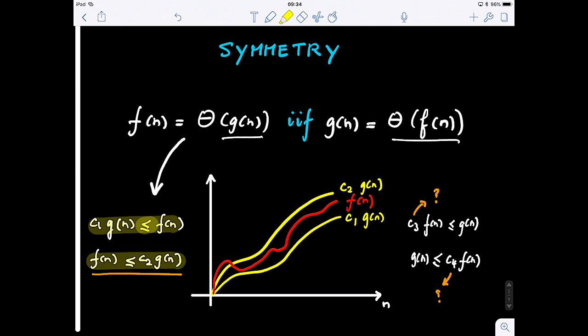On the other hand, we need to find other constants such that C3 times f of n is lower or equal to g of n, and g of n is lower or equal to C4 times f of n. Any suggestions of what C3 and C4 can be?